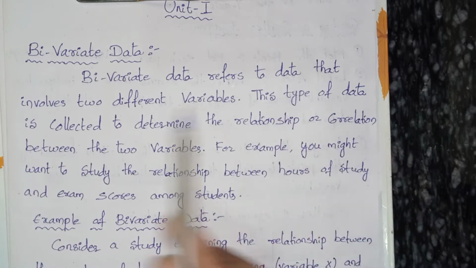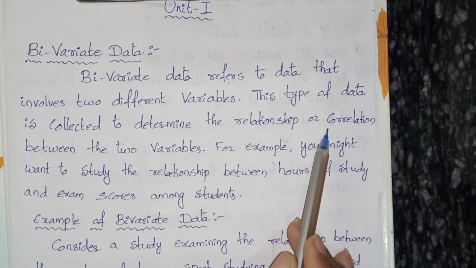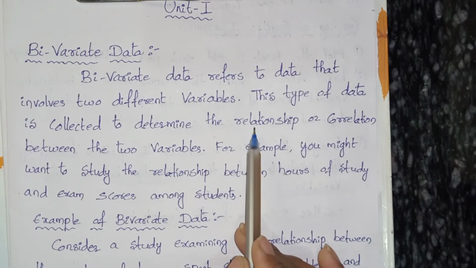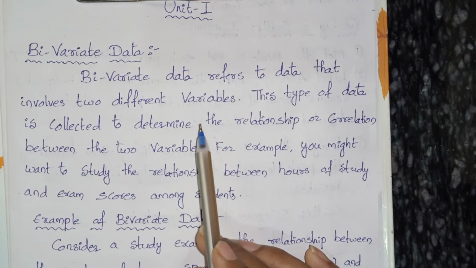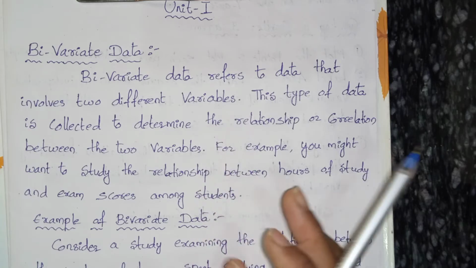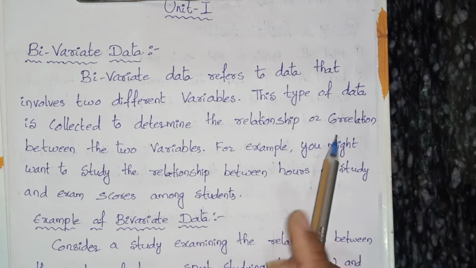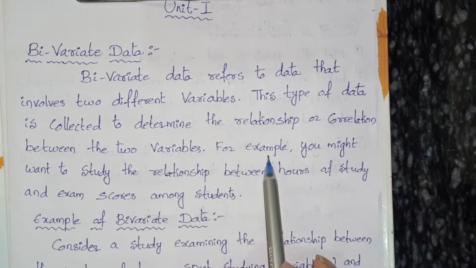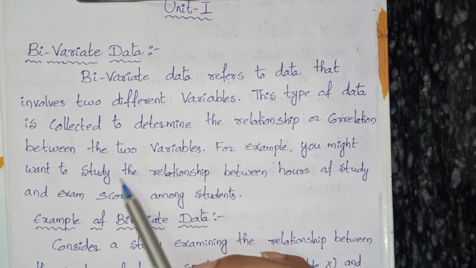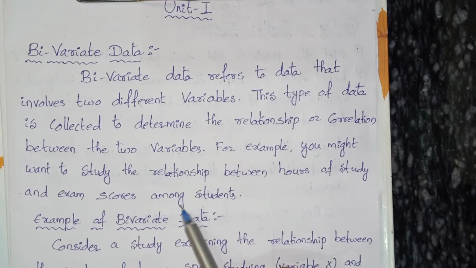This type of data is collected to determine the relationship or correlation. We call it relationship or correlation. Co also means two variables. So we deal with two variables in order to find out the relationship or correlation between the two variables. For example, you might want to study the relationship between hours of study and exam score among students.